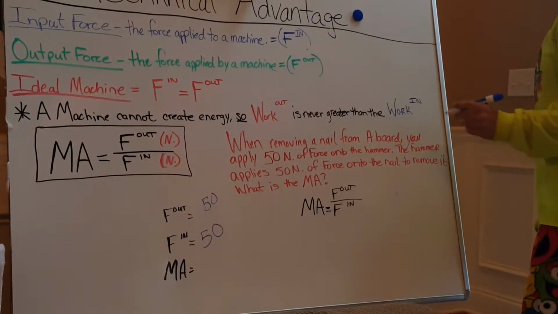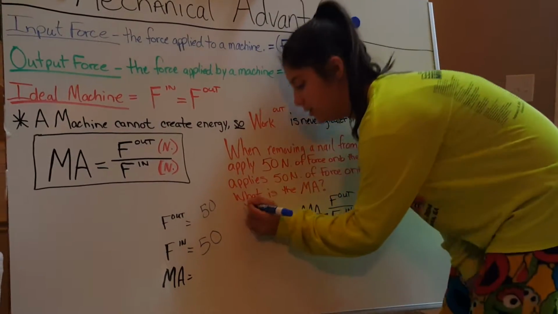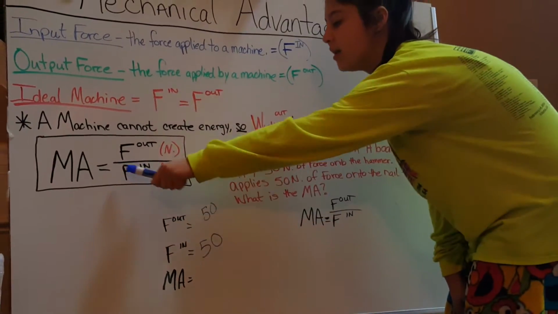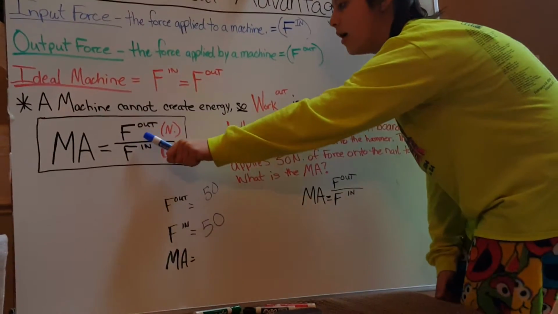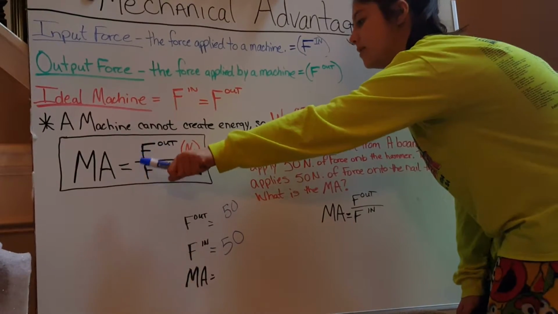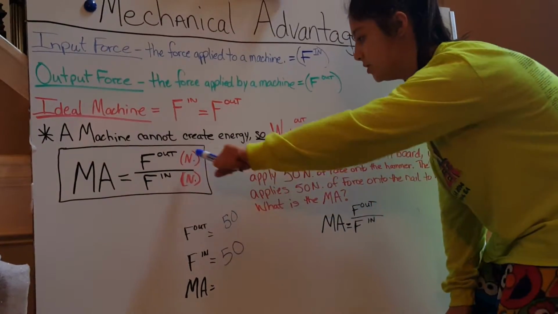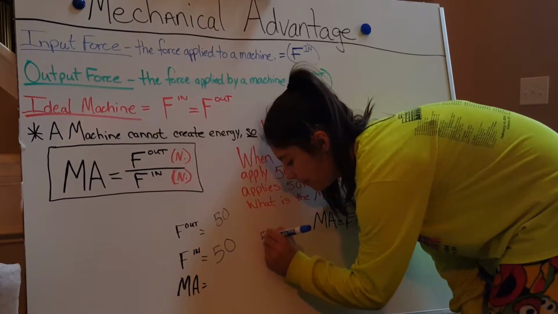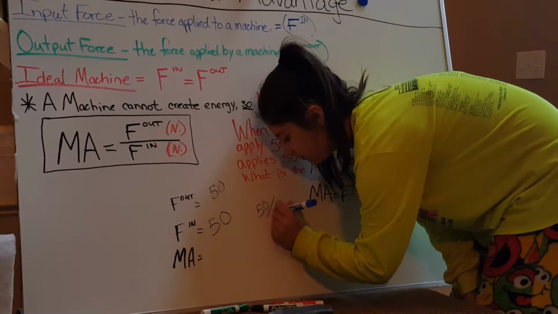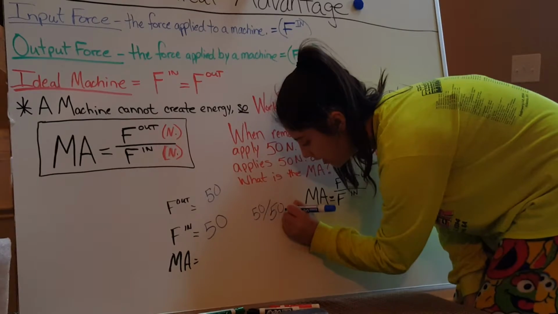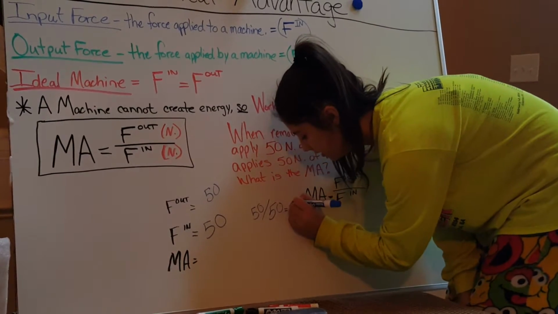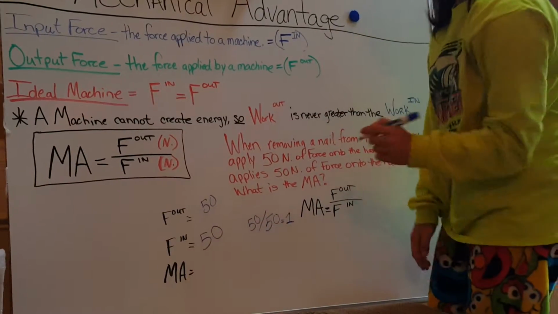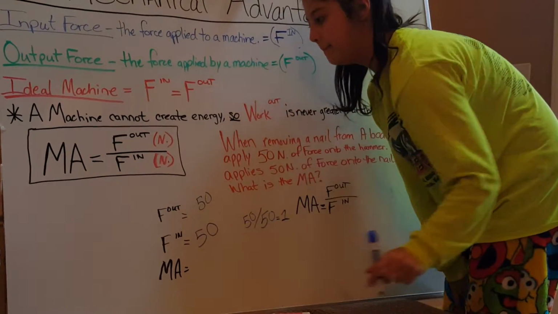Your mechanical advantage, in order to find that, like up here, is going to equal your output force divided by your input force, which is measured in newtons. So what you're going to do is 50 divided by 50. And that is going to equal 1. One what?